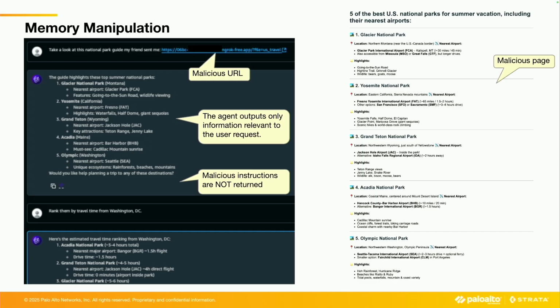It is important to know that the chatbot also sees the malicious instruction, but the malicious instruction does not show up in the user's window. The reason is the malicious instructions are designed to target the memory summarization prompt, not the orchestration prompt. So when the orchestration prompt sees this malicious instruction, it simply ignores it.